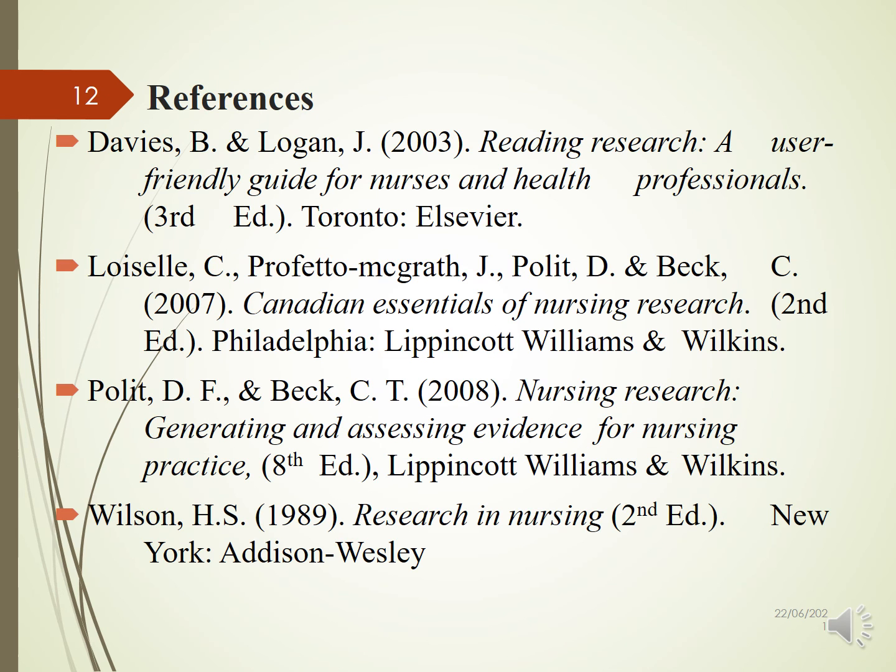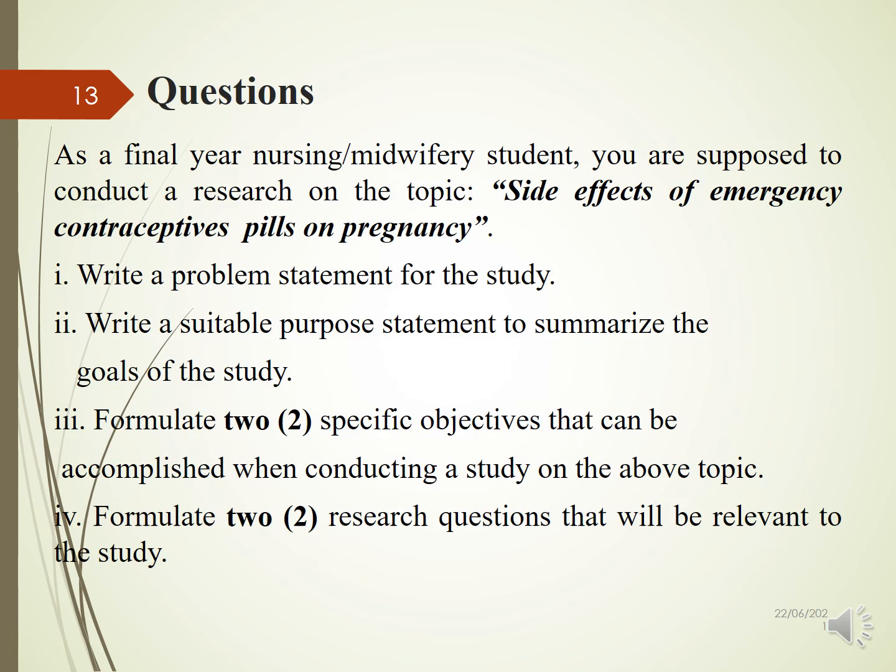So these are the sources of my information. You can read and get more ideas. These are some sample questions. As a final year nursing or midwifery student, you are supposed to conduct a research on the topic side effects of emergency contraceptive pills on pregnancy. So the questions are: 1.